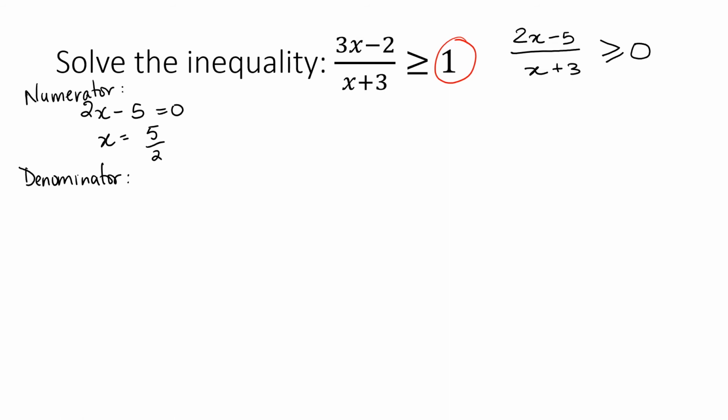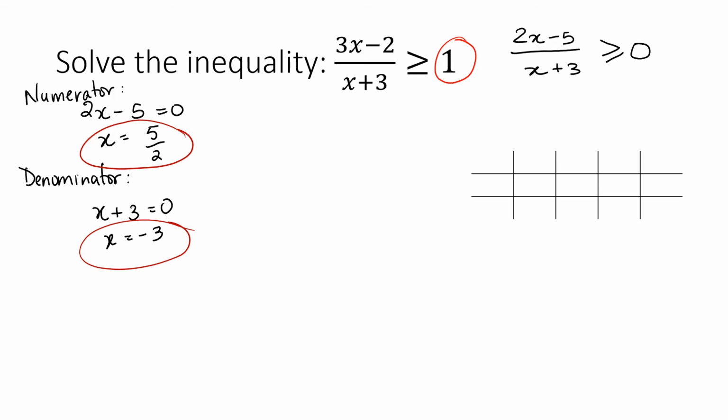Remember, the denominator cannot be 0, so x + 3 is equal to 0, so x will be -3. So this is the value of x that we cannot have. So we have 5/2 and -3, and we do our same table.